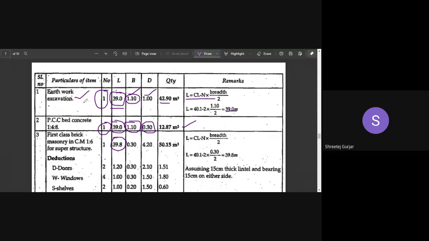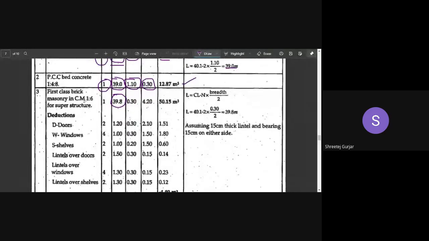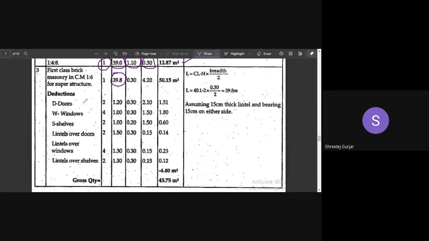So moving on to the next item of work, that is first class brickwork masonry in cement mortar 1:6 for superstructure. As I told, number will always be 1, right? And we will look into how you calculate the length by using this formula.